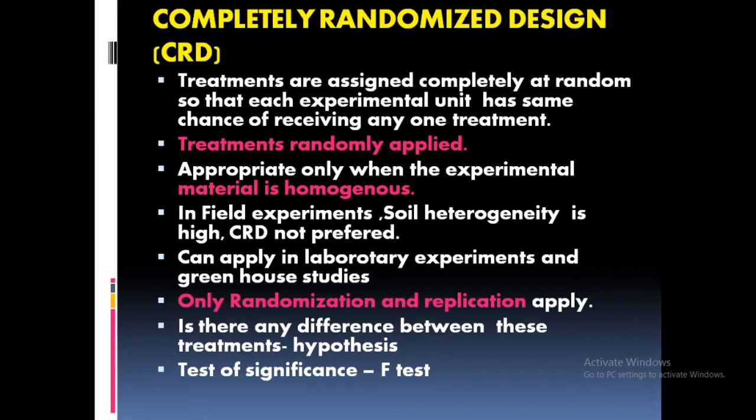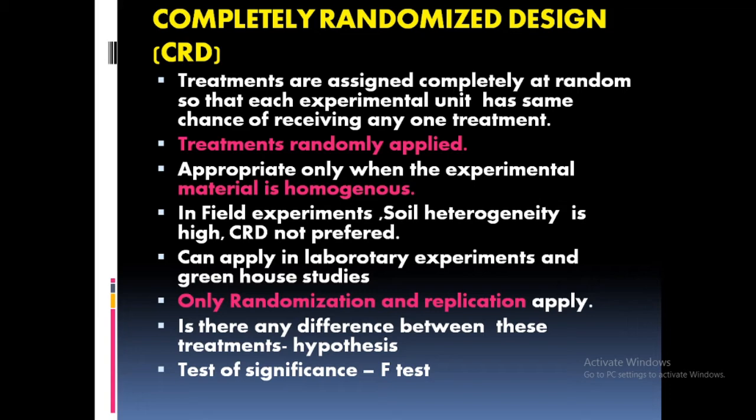In field experiments, soil heterogeneity will be there, so in that case also it is not preferred. It can apply in laboratory experiments, such as our tissue culture experiments, where we are growing seedlings. In greenhouse conditions it is also applicable.